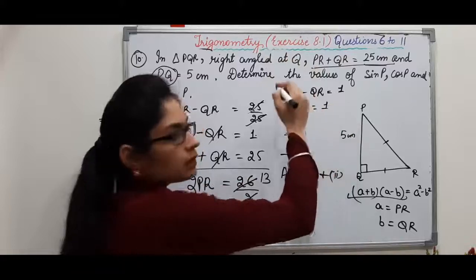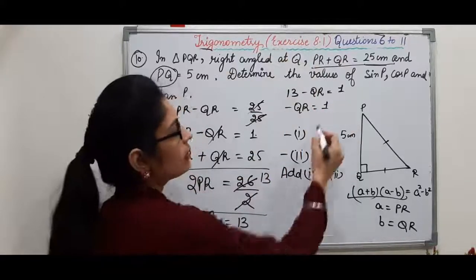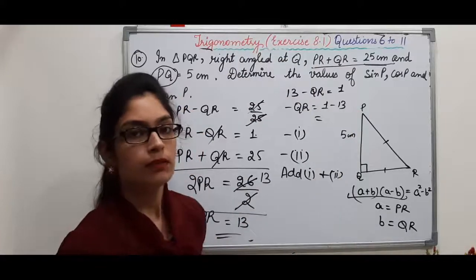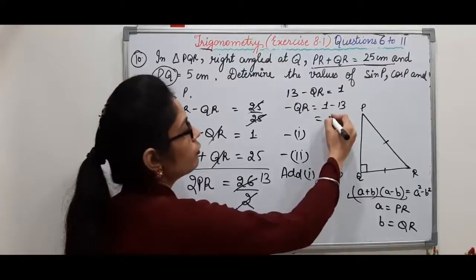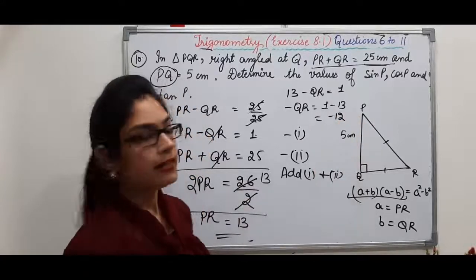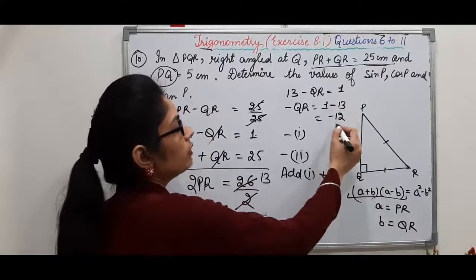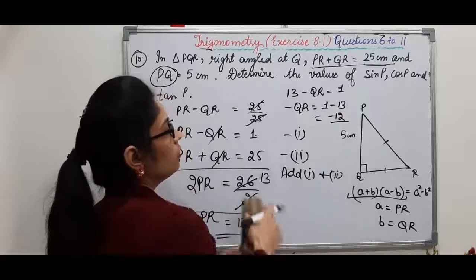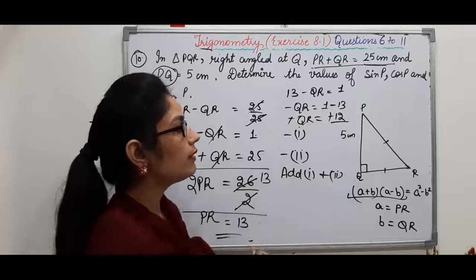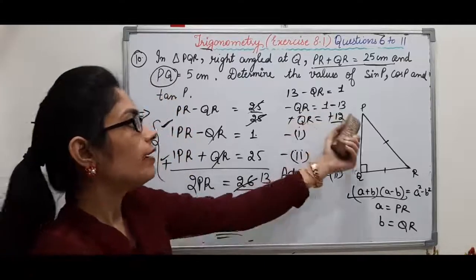So 1 minus 13, on changing the side the plus 13 will get minus 13. 1 minus 13 is minus 12, as we take the sign of the bigger number. Here we have minus QR, so minus and minus will get cancelled, and we get the value of QR as 12.